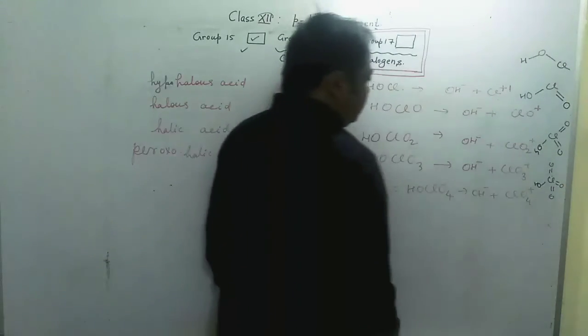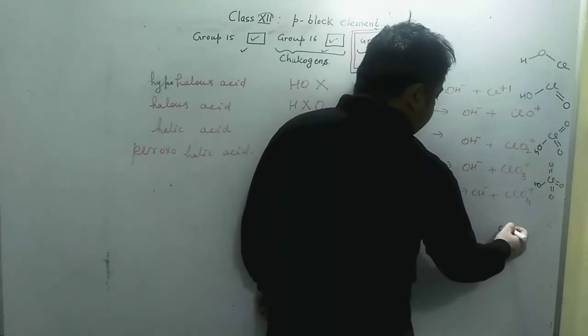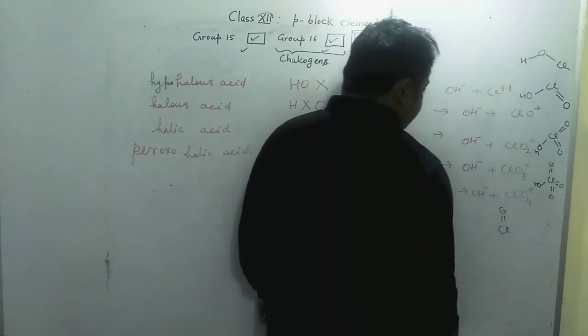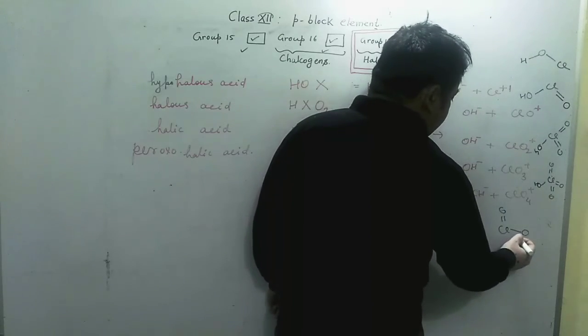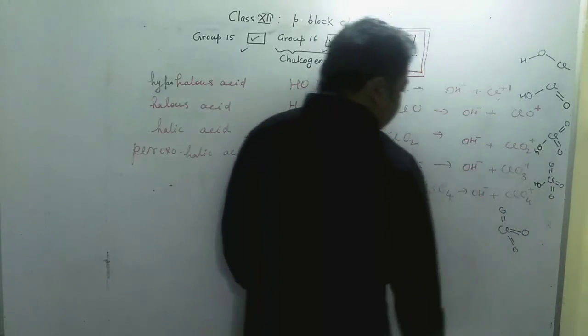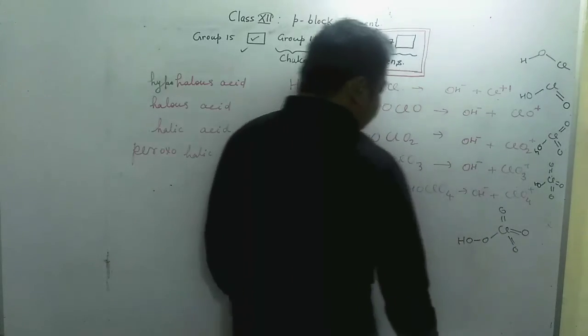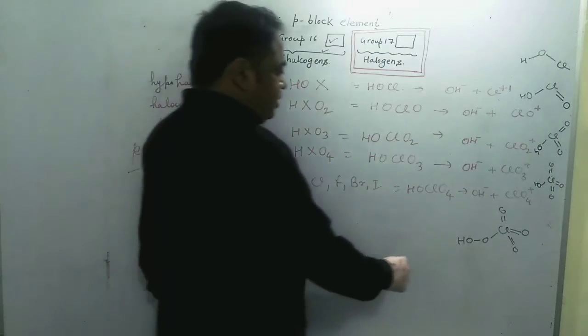Then Cl, OH, three double bond oxygens. And in this case, ClO, with 1, 2, 3, 4, 5, 6 and 7 oxygens, ClO double bond, this will become OOH. Here a peroxo group is there.